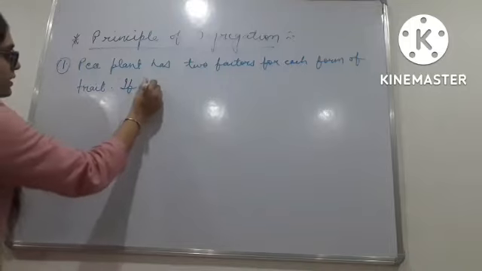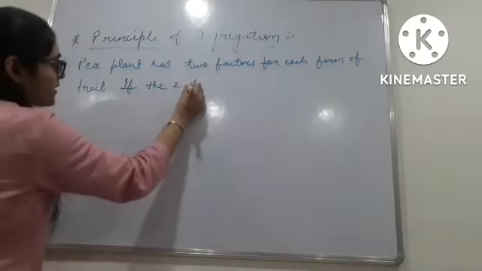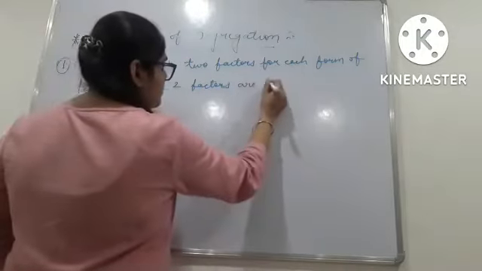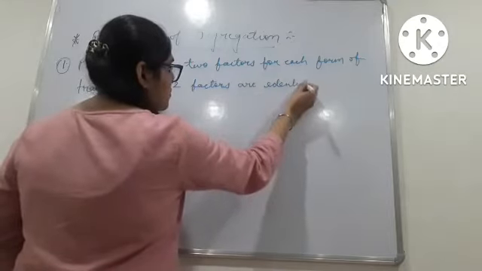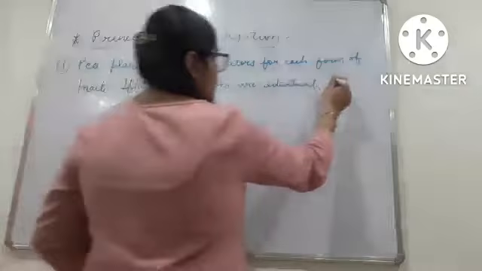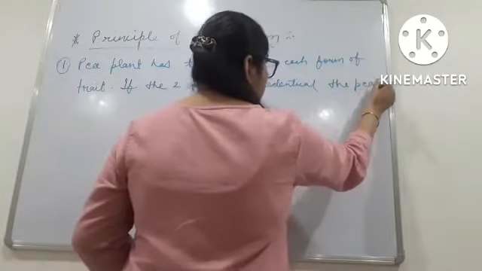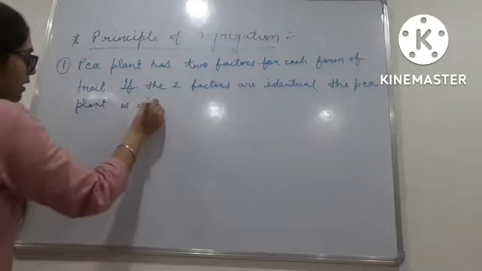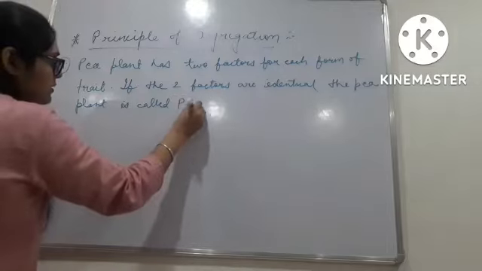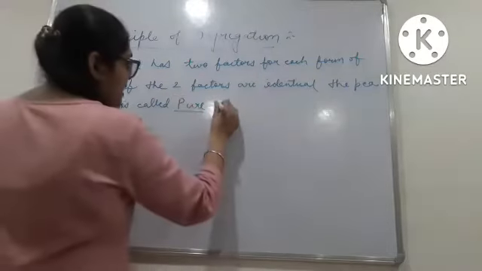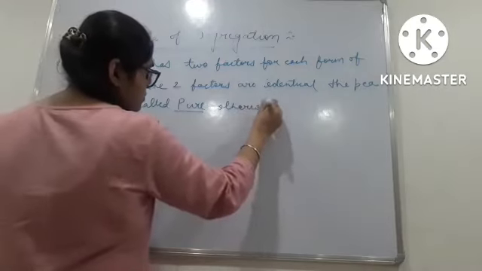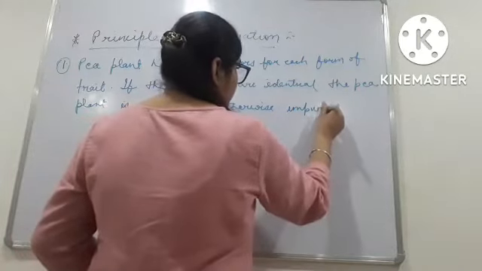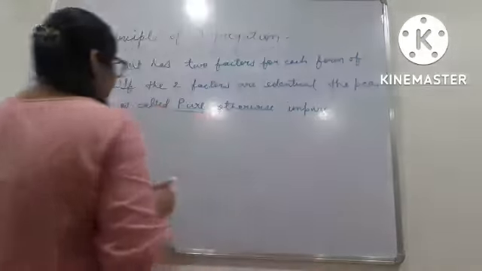If the two factors are identical, the pea plant is called pure, otherwise impure. Okay.